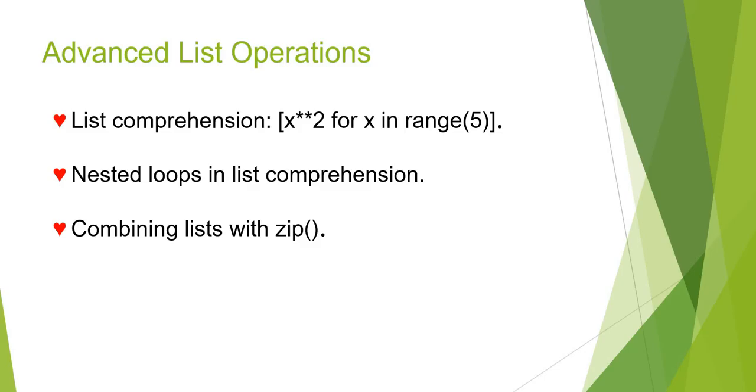Okay, nested loops in list comprehension. This is a nested loop in list comprehension. We can also combine two or more lists using the method called zip. So these are some of the advanced list operations that can be performed.